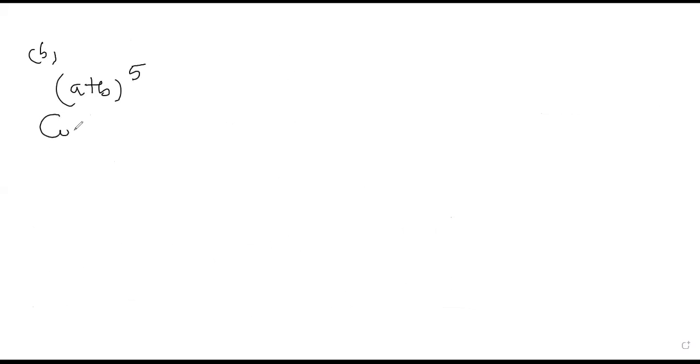What are the coefficients of power 5? You have to check on your Pascal's triangle, coefficients of the power 5. You check on the Pascal's triangle, we have 1, we have 5, we have 10, we have 10, we have 5, and then 1.